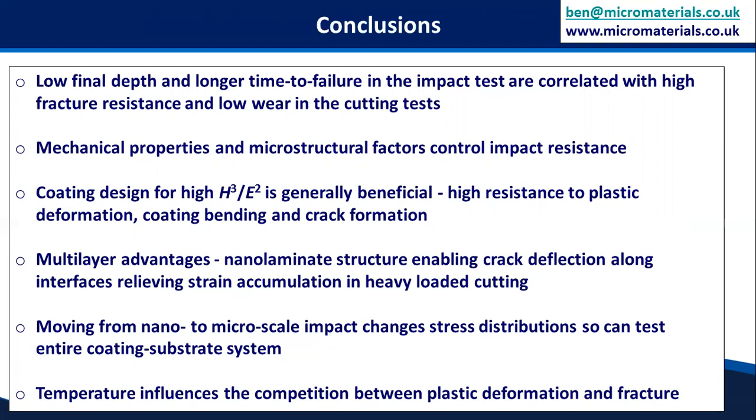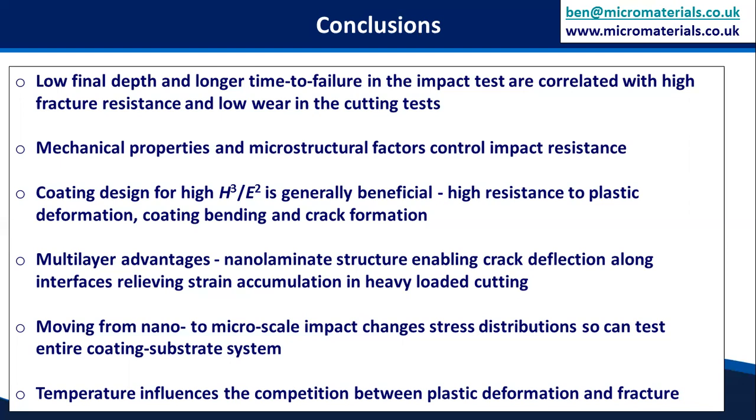So coating design to increase the hardness to modulus ratio is generally beneficial because it enhances resistance to plastic deformation, and reduces coating bending and driving forces for crack formation. But it doesn't necessarily do much in terms of crack propagation. So therefore you need to combine that with multi-layer advantages.